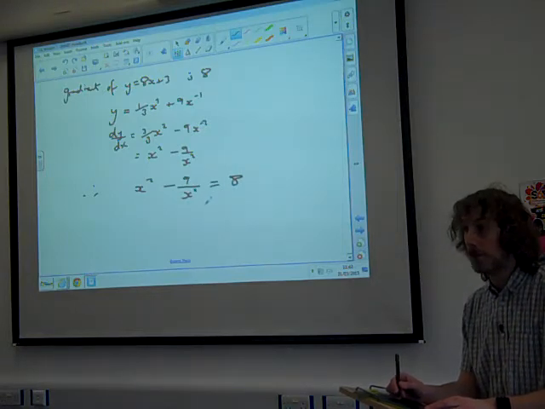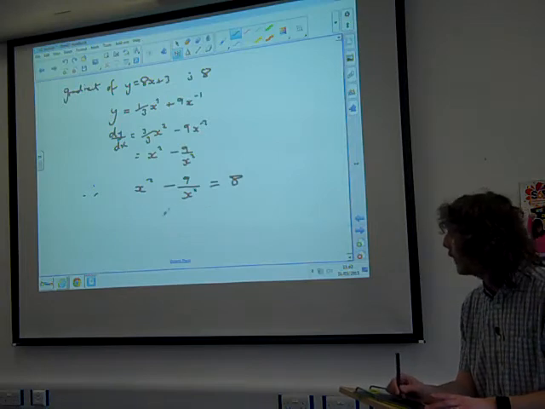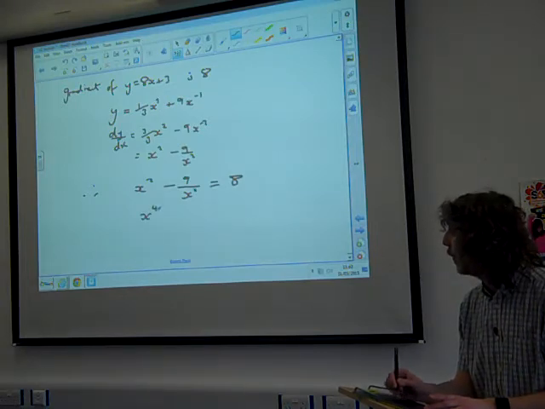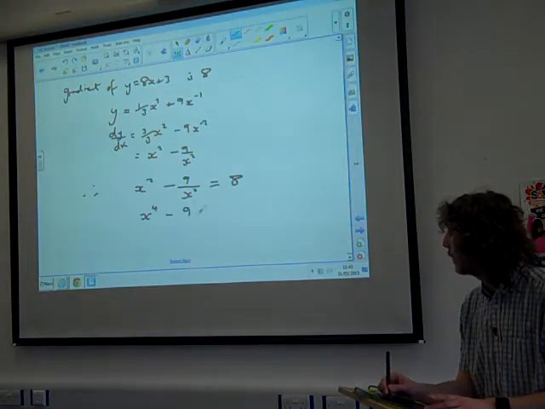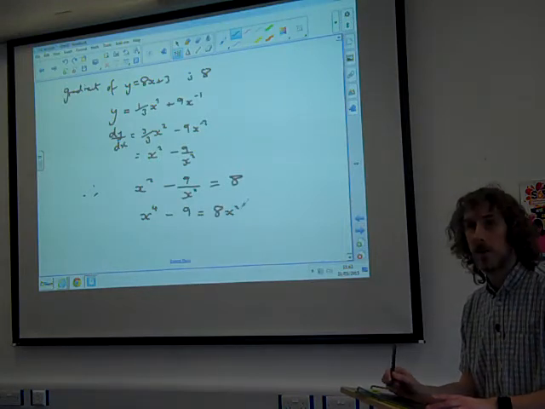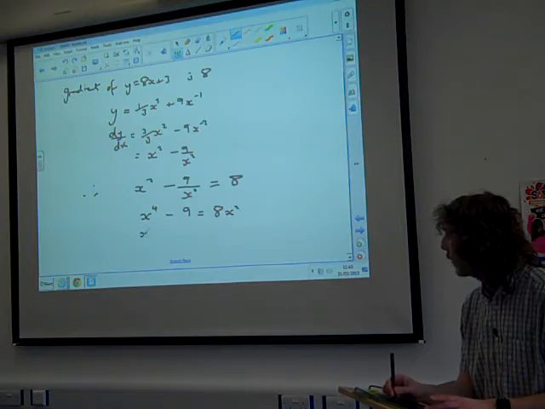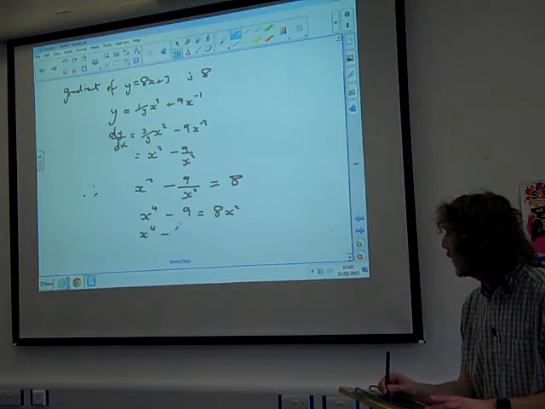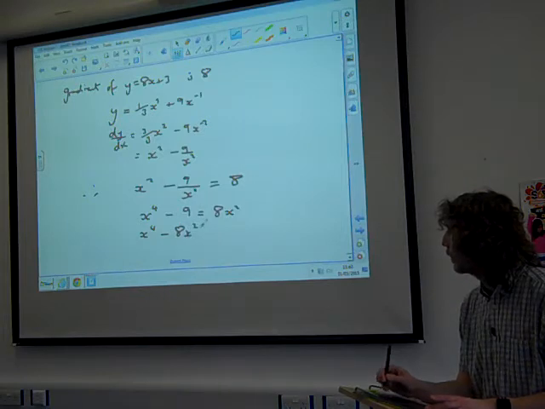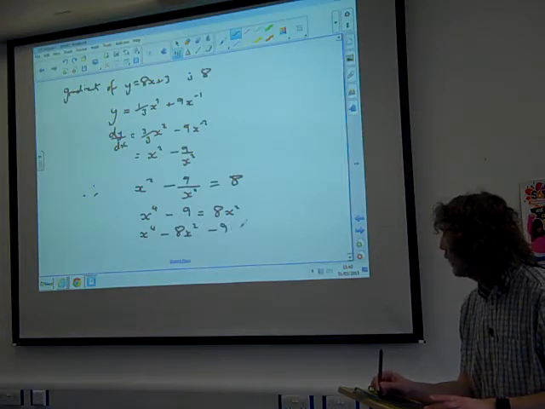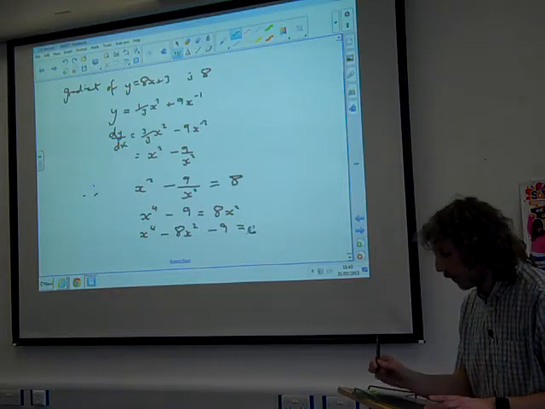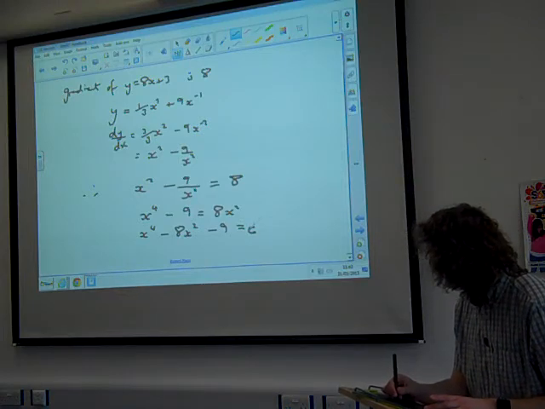Our next move would be to multiply everything by x squared. So x to the 4 minus 9 is 8x squared. And if we bring everything over to one side, we've got x to the 4 minus 8x squared minus 9 equals 0.